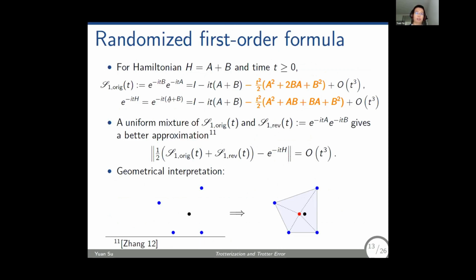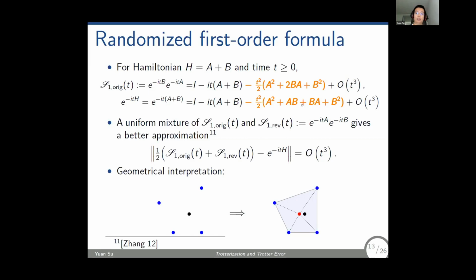Well, on the other hand, the ideal evolution is given by e to the A plus B, and then you also have some Taylor expansion here. So if you compare these two Taylor expansions, you see that the zeroth order terms agree with each other, and the first order terms also agree, but then there's a difference on the second order terms.